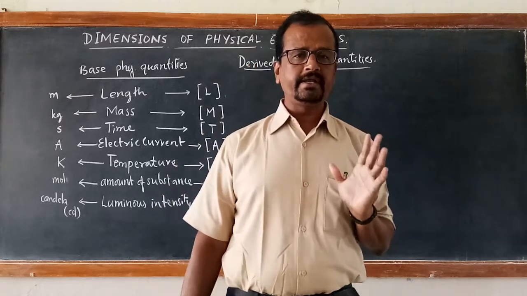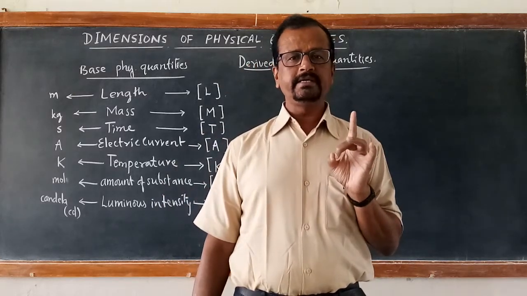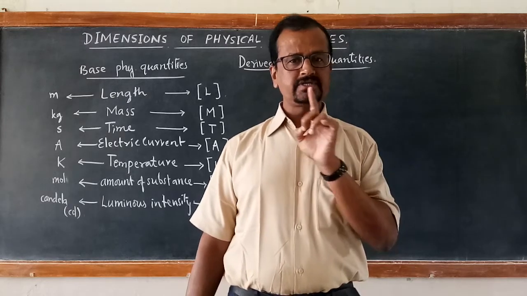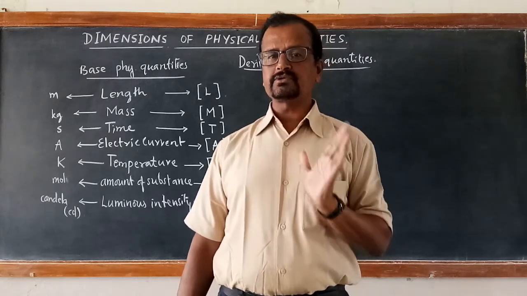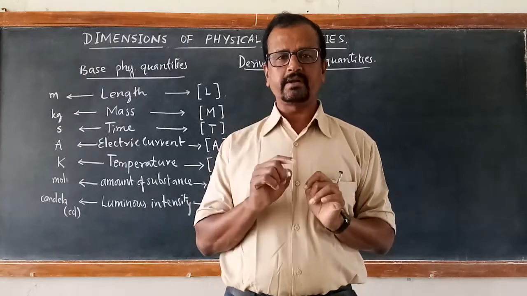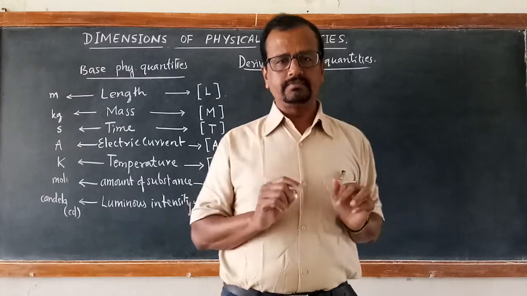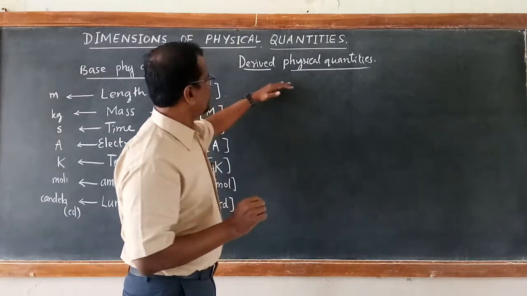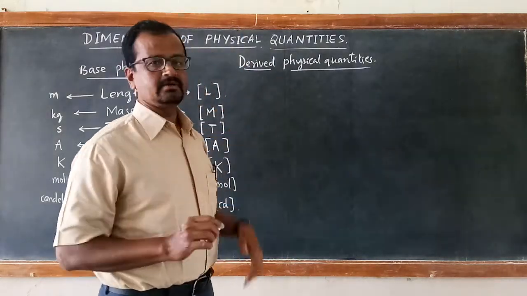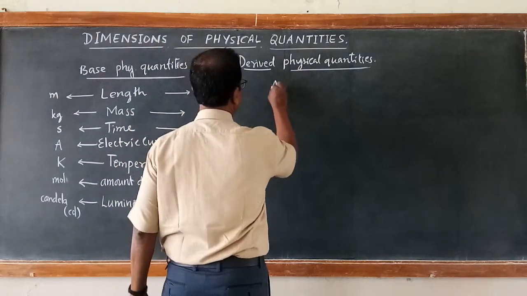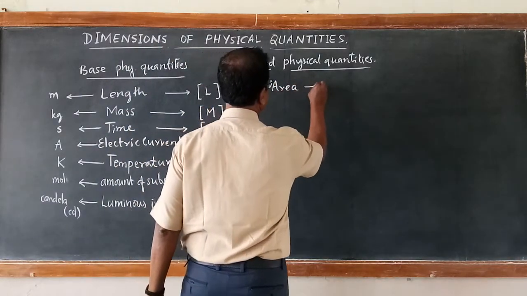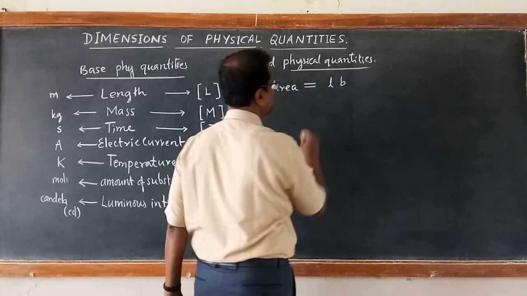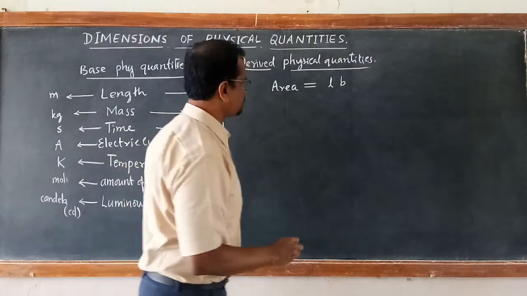Dimension of area. Area is length into breadth. Length dimension is L and breadth dimension is also L. So it becomes L square. See, volume and area are derived physical quantities. First, I will write area. Area is expressed as length into breadth, so it has the dimension of length and the dimension of breadth.